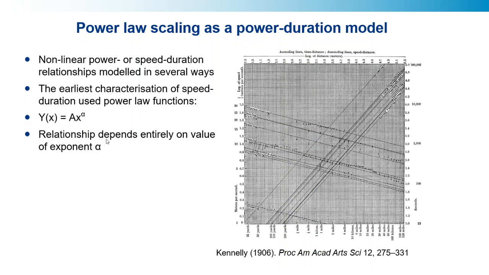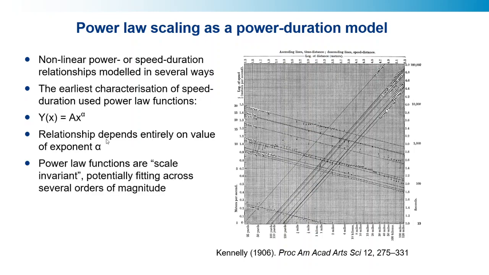And power law functions have this special property of being scale invariant, and therefore you can fit an enormous range of data, potentially across several orders of magnitude. So a power law function is special because it has the potential to essentially characterize every record or every human performance from maximal sprinting all the way through to, indeed, polar exploration if you really wanted to.